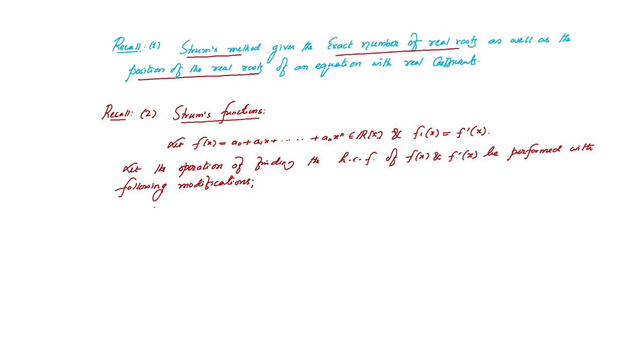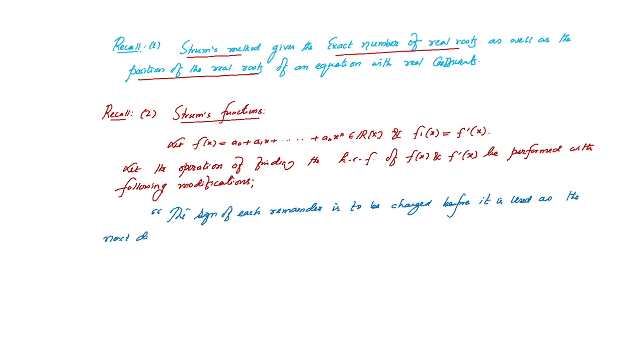The modification is the sign of each remainder is to be changed before it is used as the next divisor.